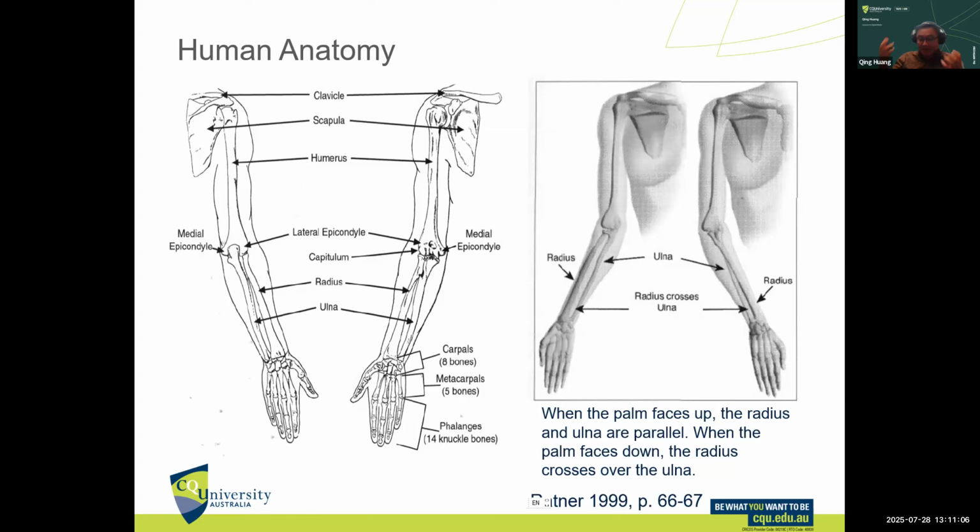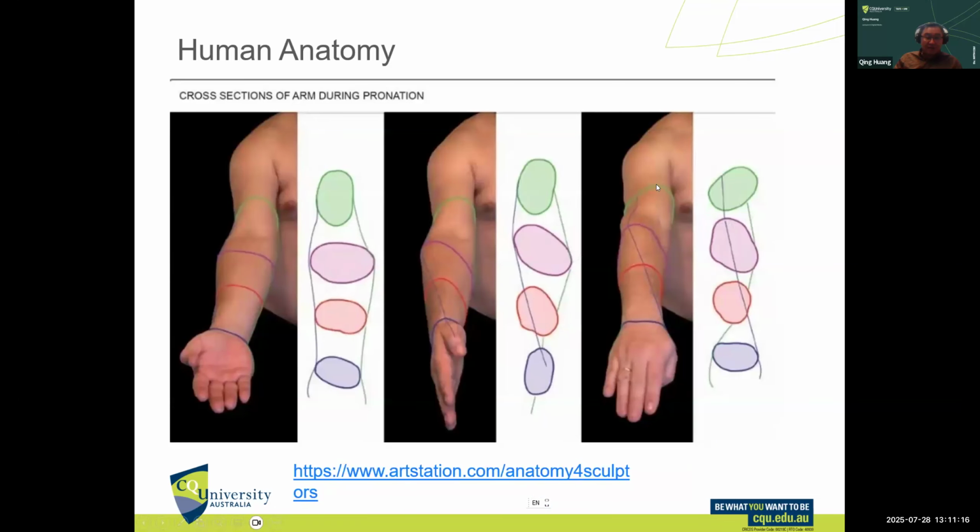A lot of the gestures come from that, so you need to sculpt it quite well to make it more believable. And that's the shape of the forearm. If you take a cross section, you will see how the shape changes. In the elbow part, it bulges and is also squeezed a little bit. When it twists, the contour line actually twists like that.